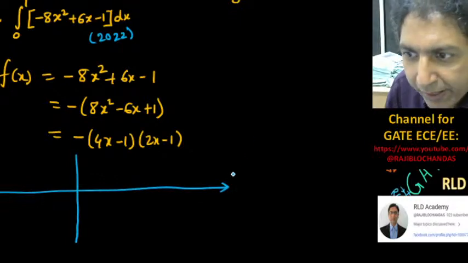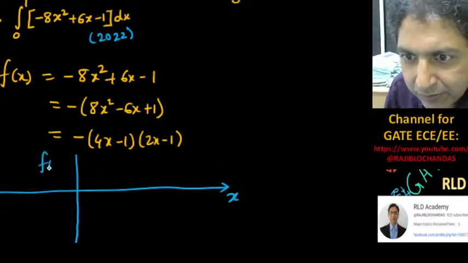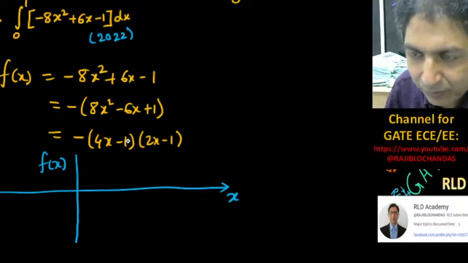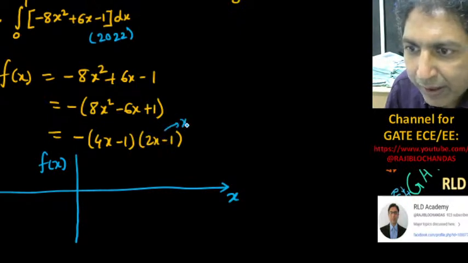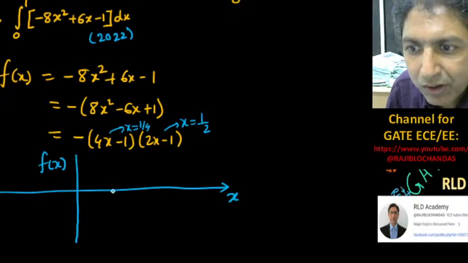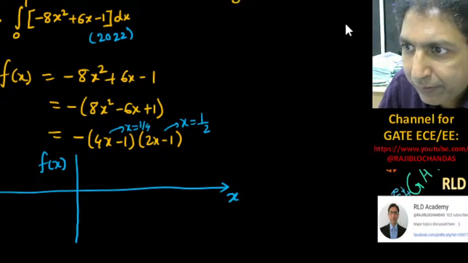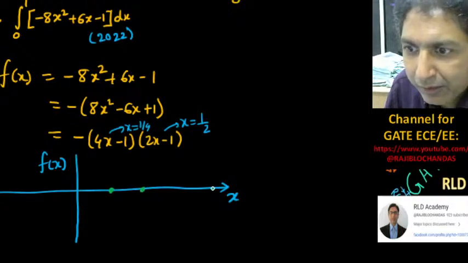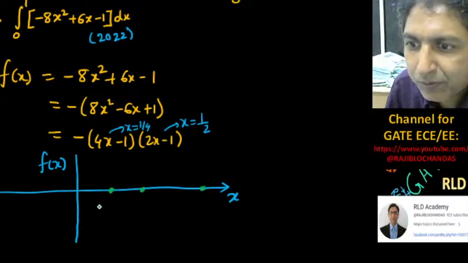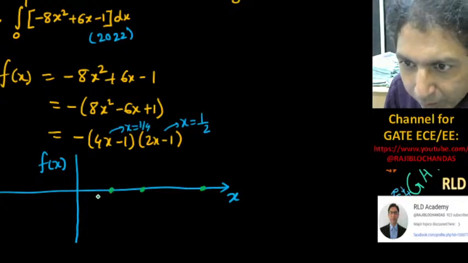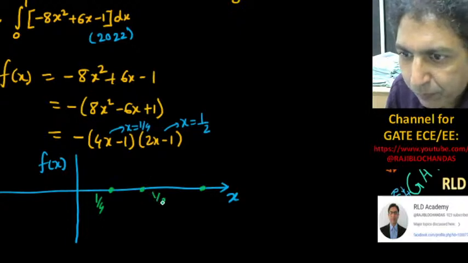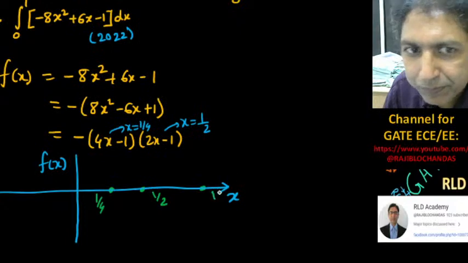Okay, this is your x, this is your f of x, and you can see that this function will become 0 when x equals to half, and this one is x equals to 1/4. So I can have these 2 points, this is 1/4 and this is half, and this is 1, correct?